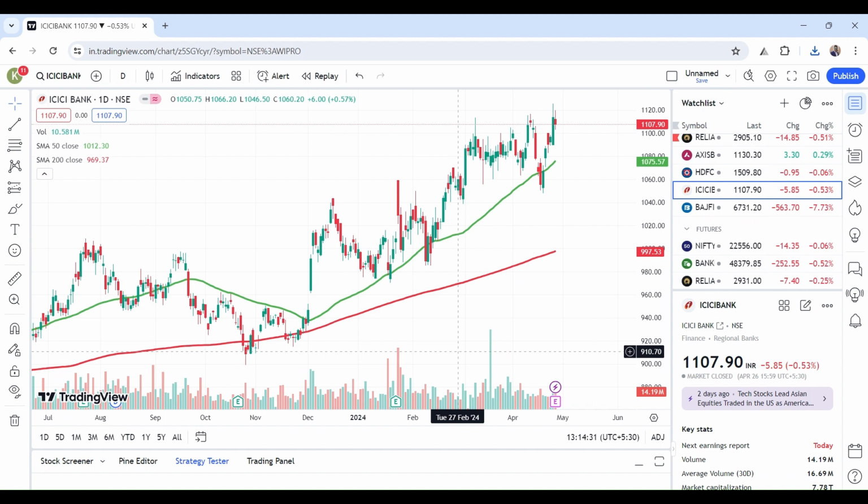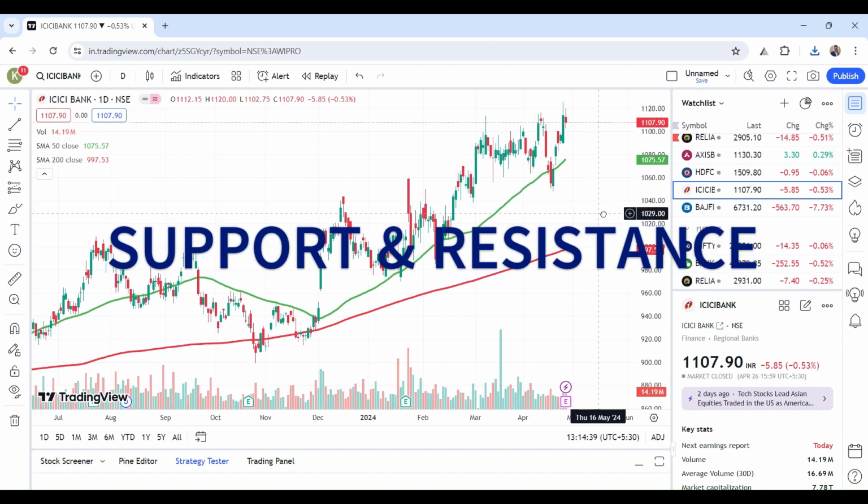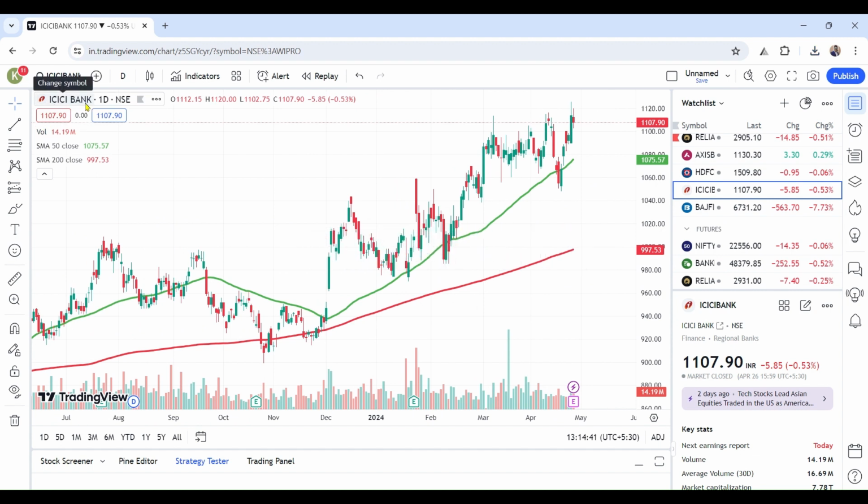Apart from the golden crossover and death crossover, what else can we predict with these moving averages? You see this chart of ICICI Bank. This moving average also acts as a good support level.